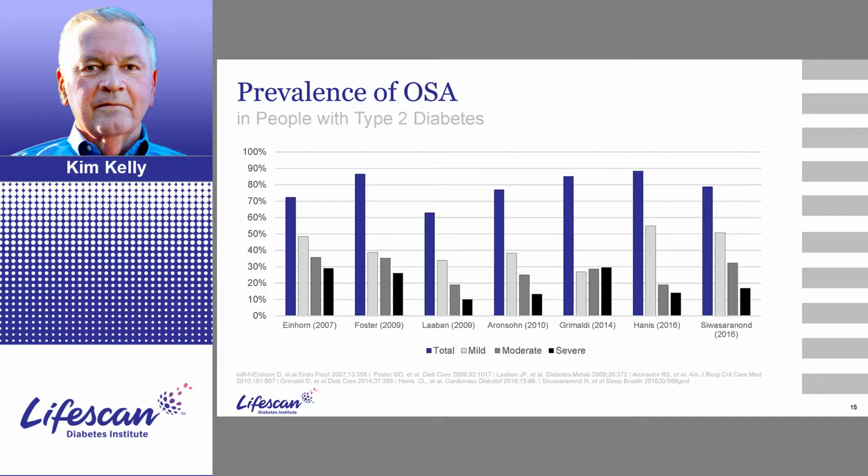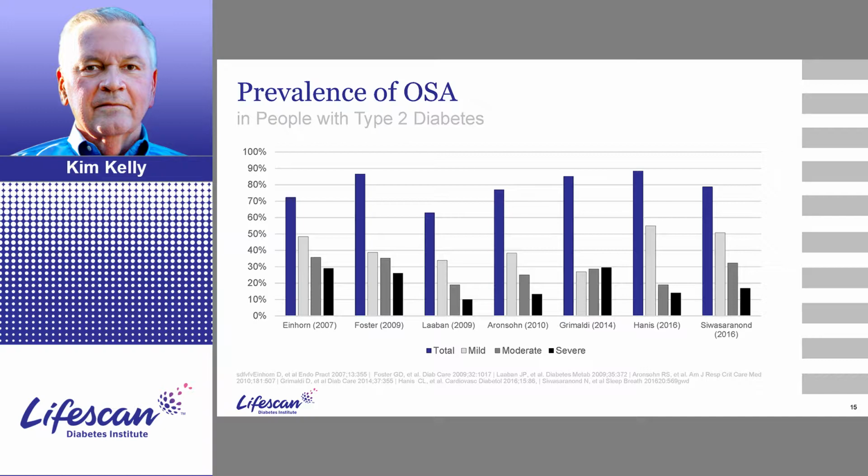In fact, in several studies, the prevalence of OSA has been as high as 86% of individuals with type 2 diabetes. This is the study by Hannes that you saw there in a population that was primarily Mexican-American. So clearly, obstructive sleep apnea is a lot more common than most people think.